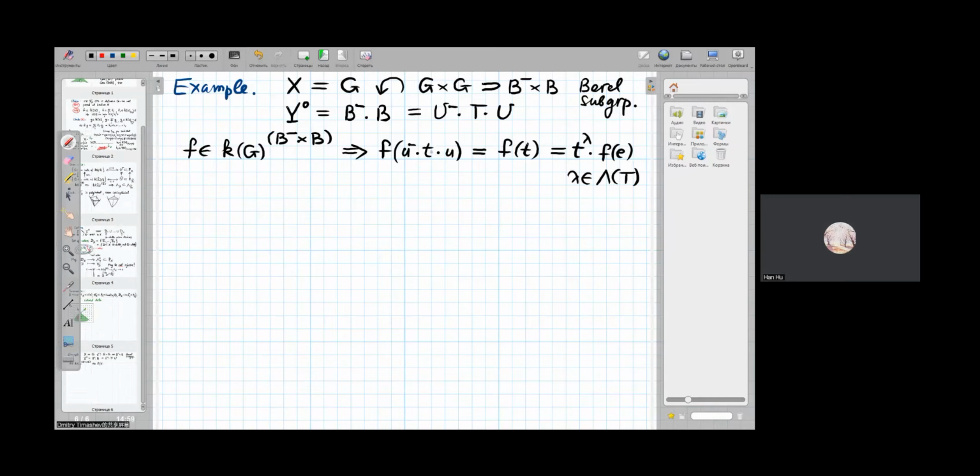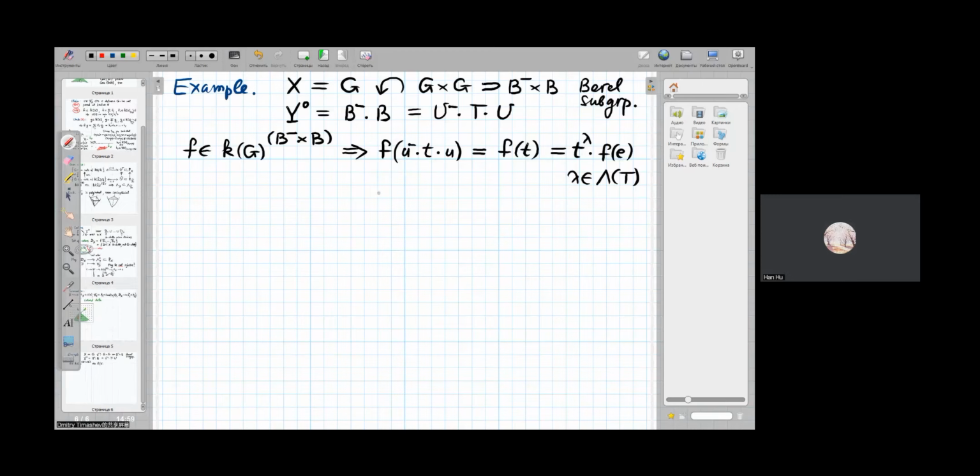These are unipotent elements, and all characters take value 1. And t belongs to the maximal torus, and when you shift the argument by t, the value of the function is multiplied by this character. So this is how the value of a semi-invariant function can be computed.